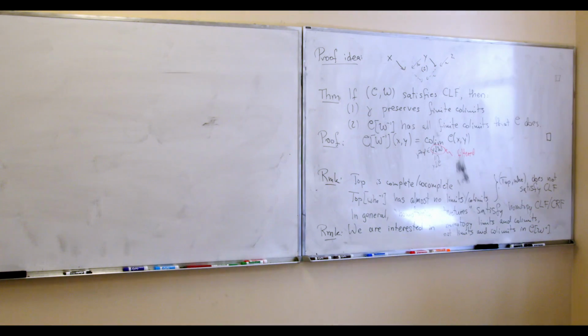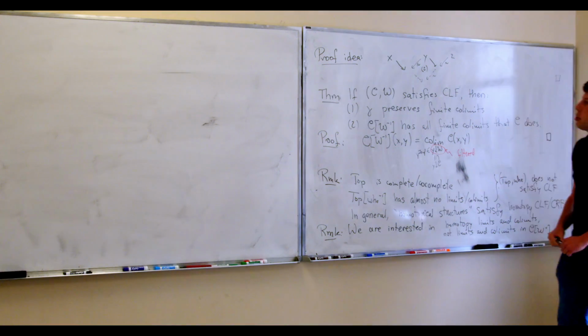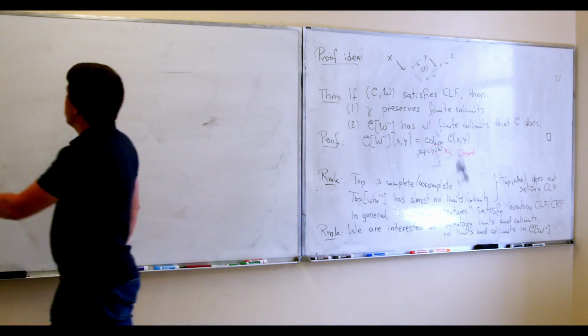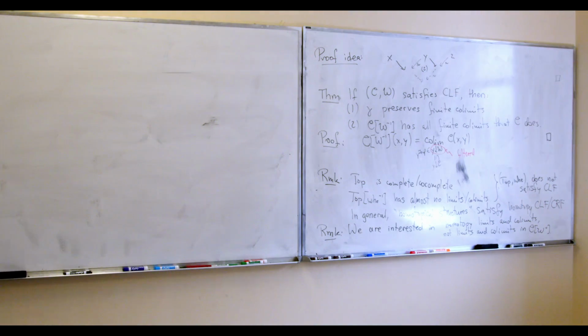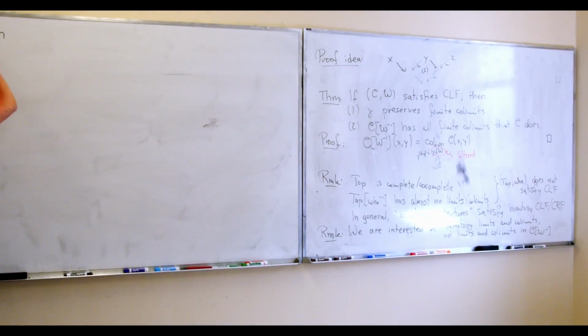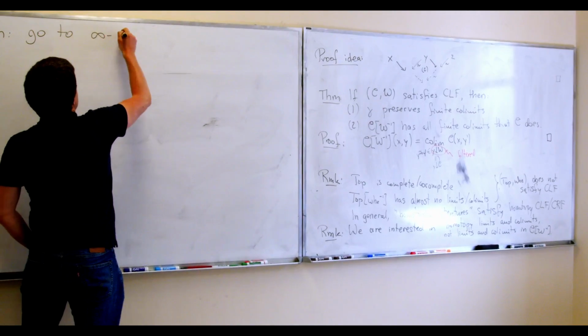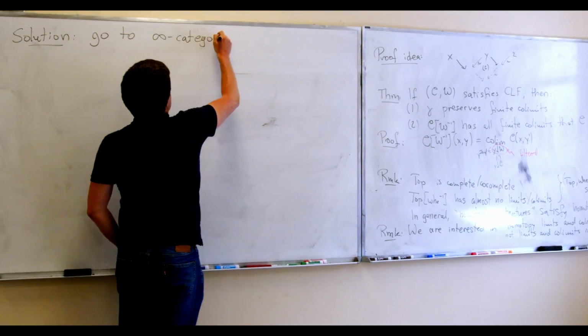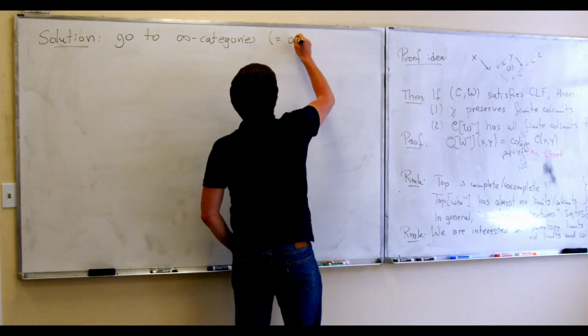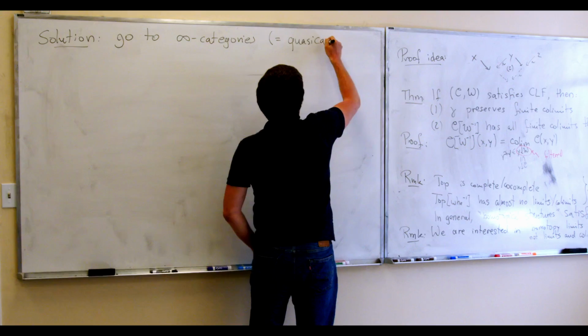Okay, so now what? Well, the solution, so I think I wrote solution right here, was to use calculus of fractions. And now the solution led to a problem. So we're going to have a solution to a solution. Okay, so we're going to go to infinity categories, which for me means quasi-categories.